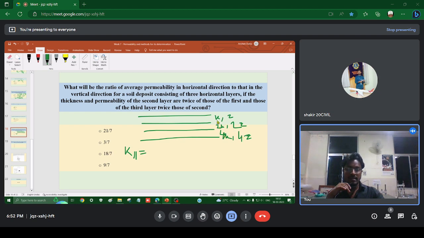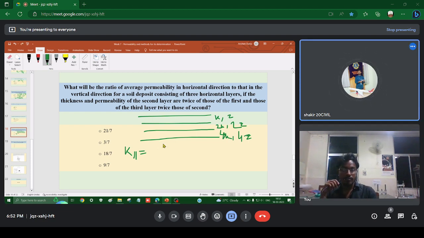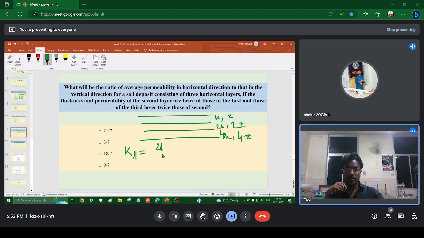So I'll take KZ plus 4KZ plus 16KZ. 16 plus 4 is 20, plus 1 is 21 KZ, divided by the total thickness, that is 7Z. 21 by 7, sorry, not Z, it will be K. 21 by 7 K. And K perpendicular.